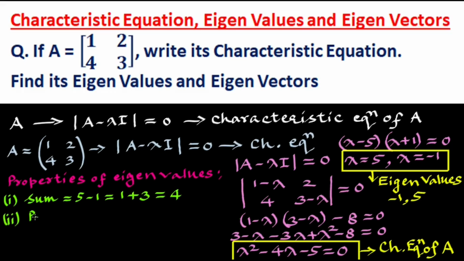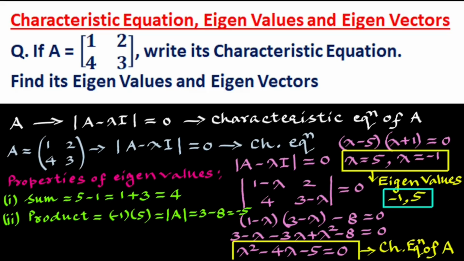Number 2, product of eigenvalues, minus 1 into 5, equals determinant of matrix A, which in this case is 1 into 3, 3, minus 4 into 2, 8, which is minus 5. Next, we will find out the eigenvectors corresponding to the eigenvalues minus 1 and 5.